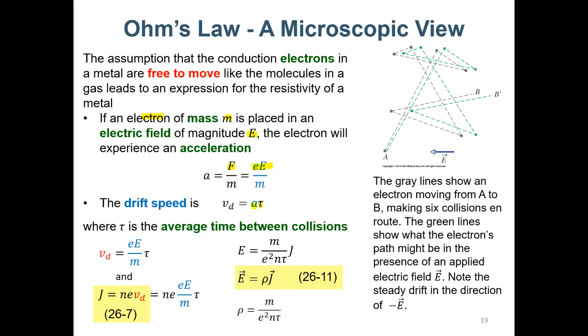Tau is the average time between collisions, the average time before a collision. So you assume an electron is here, and it is initially stopped, and then you try to go to the next point, and then it collides with another electron, and then you go in another direction.